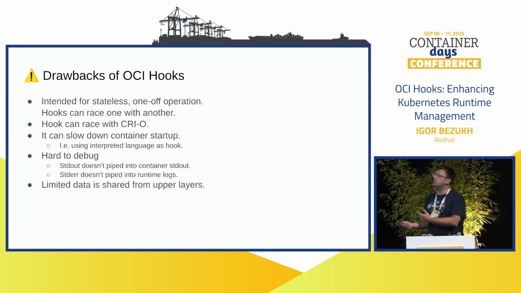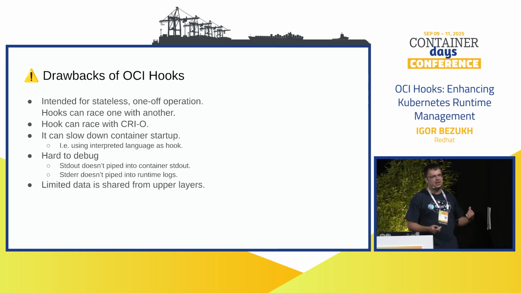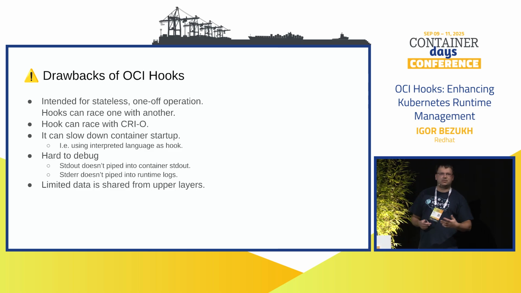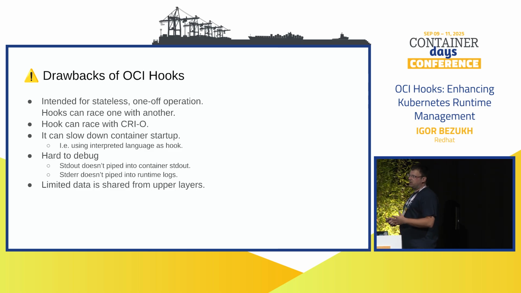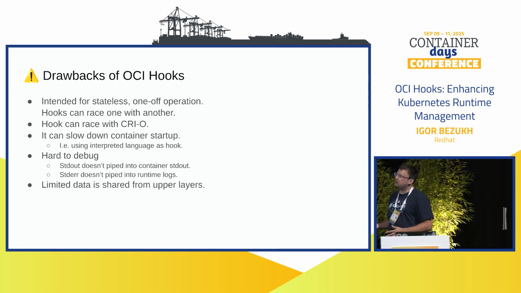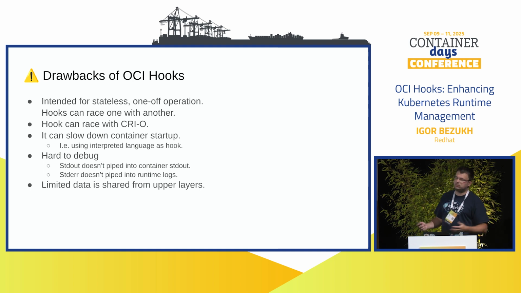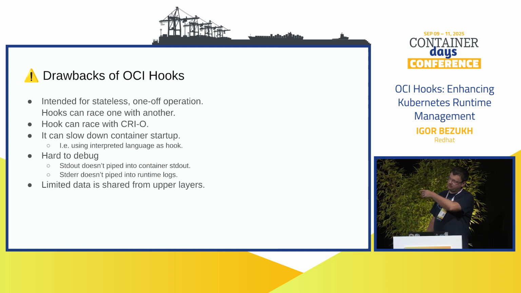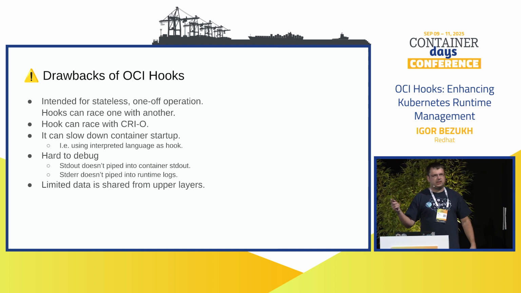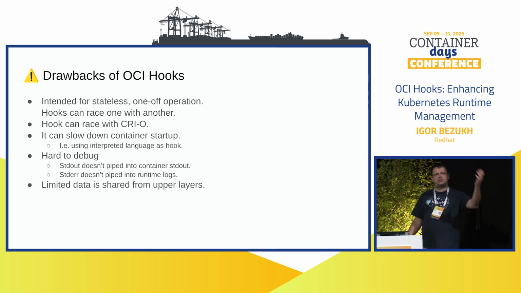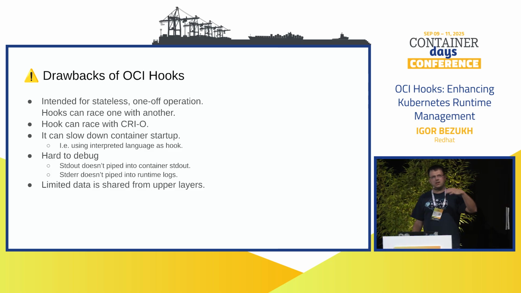And if you need to communicate with other components, it will introduce latency for the container bring up lifecycle. So it's a little bit problematic. And also, as you previously saw, I use the when always, because not enough information was passed to that layer.